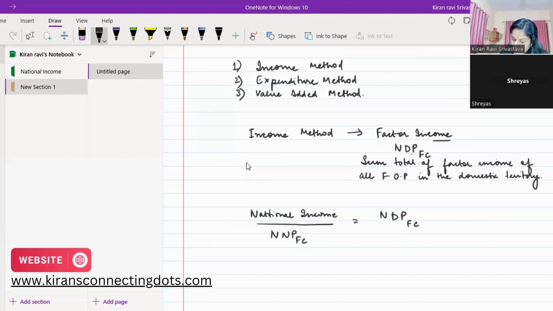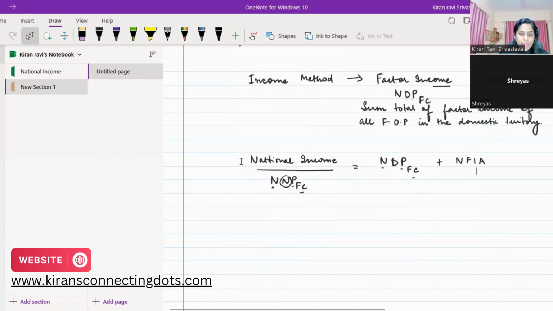Yes, it can be converted because N is the same, and FC is the same here. Only we have to convert domestic to national. So when we add NFIA, net factor income from abroad, we will get NNPFC. And this NNPFC is the national income.